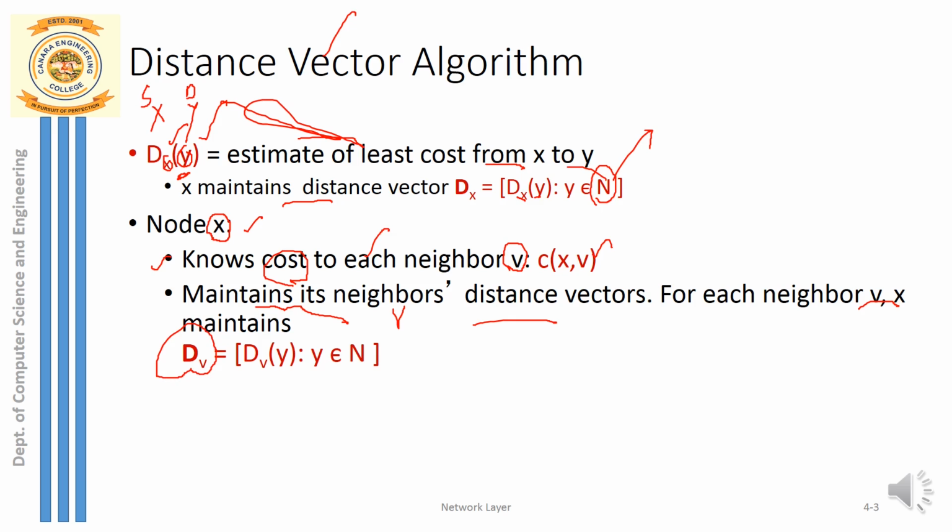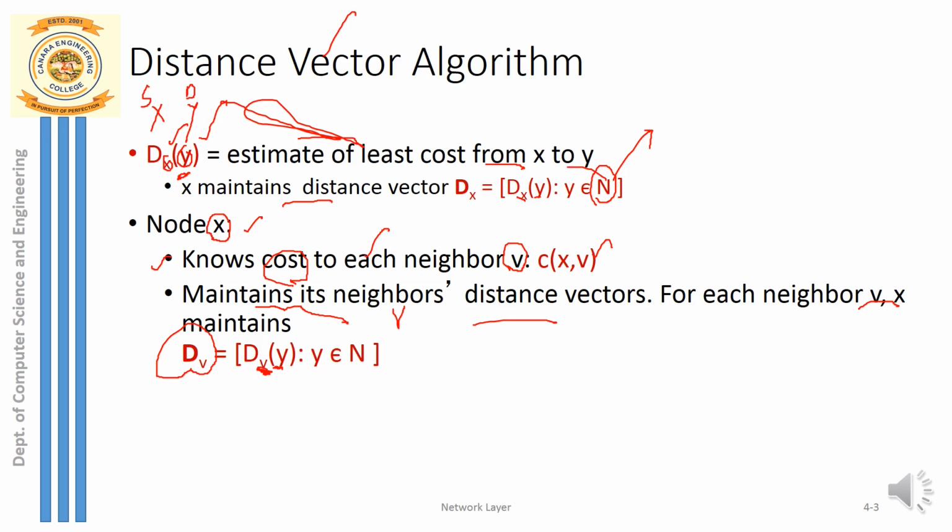So this distance vector is calculated for every neighboring node, from every neighboring node to the destination node Y. So here any neighboring node of source node X should have calculated already the distance vector from itself to the destination node Y.